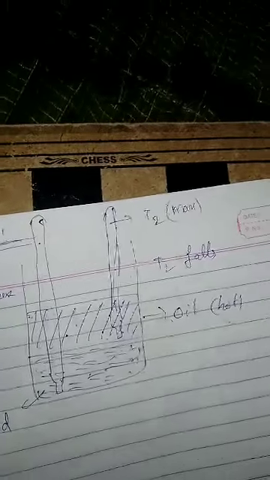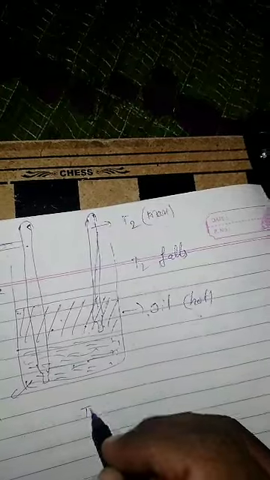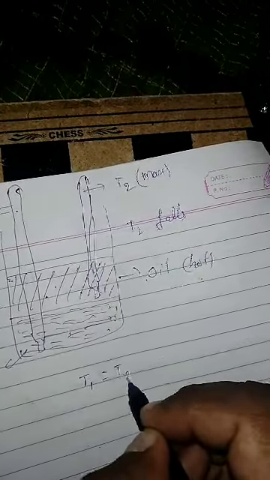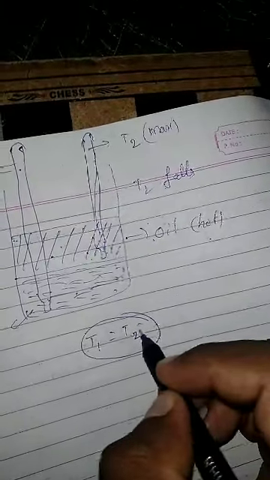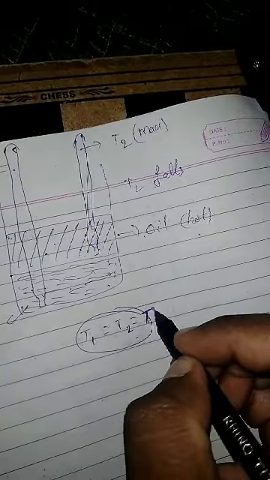How long does this happen? Until T1 becomes equal to T2. So this rise and this fall will continue until T1 is equal to T2. That means both will become equal.